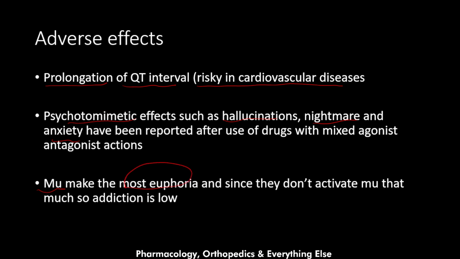And remember, opioid dependence is related to euphoria, and the mu make the most euphoria. And since buprenorphine doesn't activate mu that much compared to agonist opioids, it produces less euphoria, so it leads to less addiction.